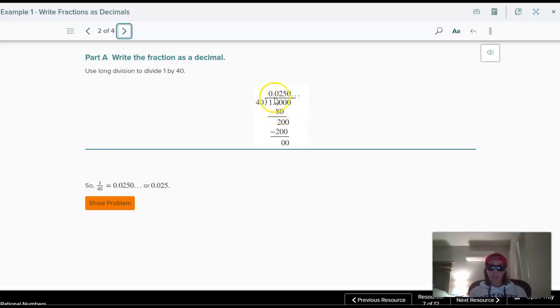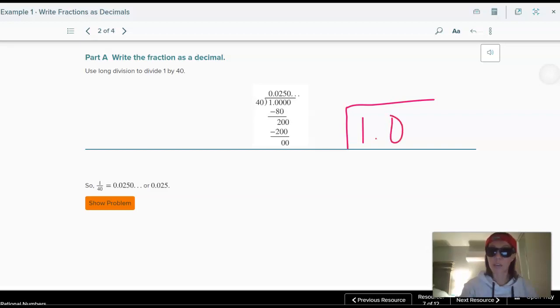So obviously 40 doesn't go into 1, so we're going to have to add a decimal point after the 1 and add some zeros and perform our long division. If you forgot, I will work this out with you really quickly.